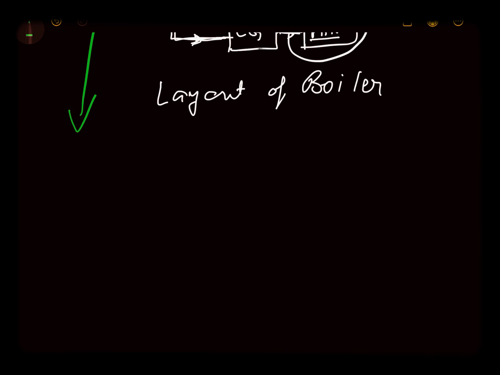It circulates like this, and the radiation emitted from this circulating ball of fire heats these water tubes, and water gets converted into steam, and it is sent to the boiler drum. Then again the whole cycle starts. So this is the functioning of the boiler.